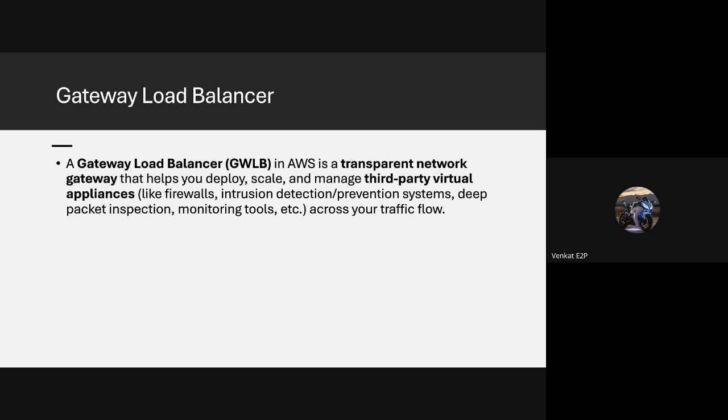It makes it easy to deploy and manage your third-party applications. It gives you one gateway for distributing traffic across multiple virtual applications while scaling them up or down based on the demand. And this eliminates a point of failure in your network and increases availability.